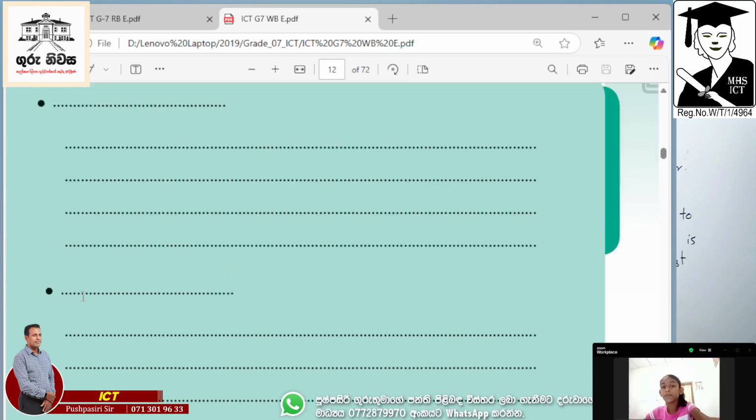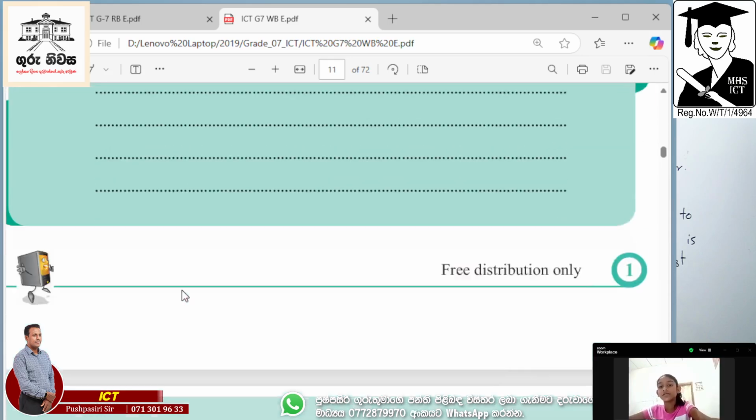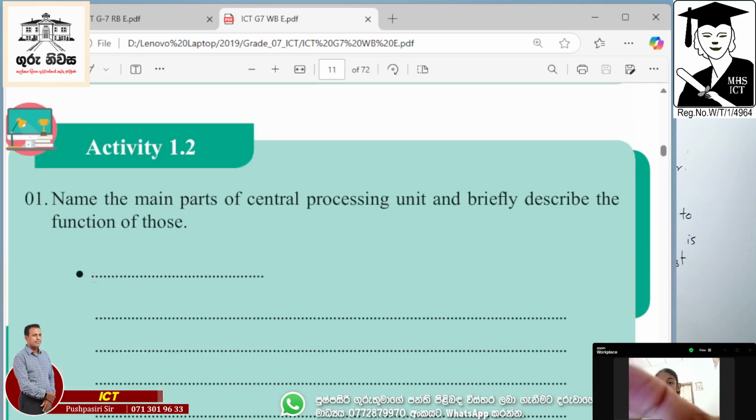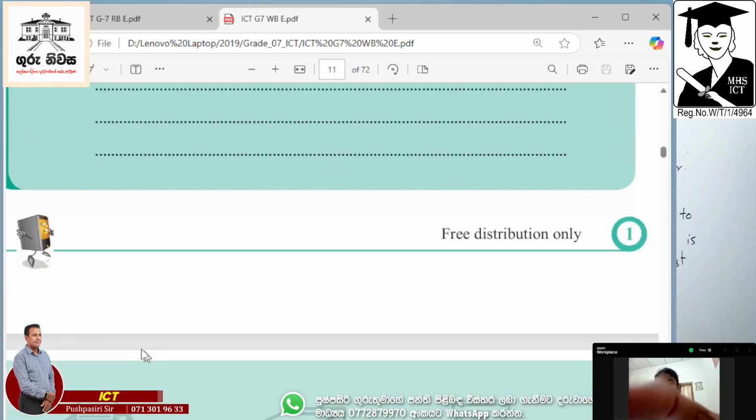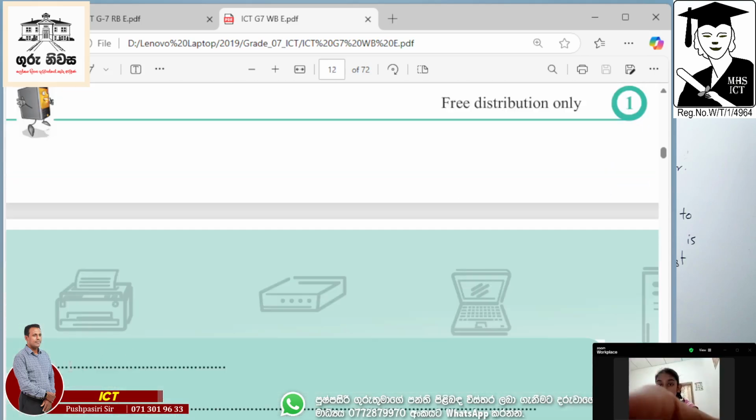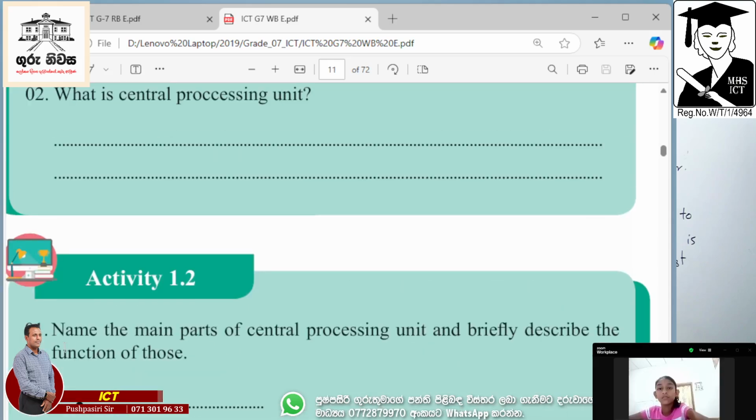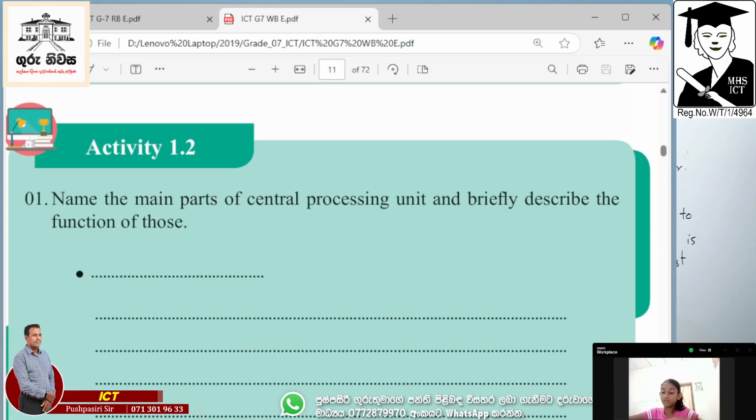And this one here, MR. So you can just write down here ALU and write the function of that. And the second one, CU, and write the function of that one, something like that, right? So write down the question and then do it. If you are having any problem, let me know, right?